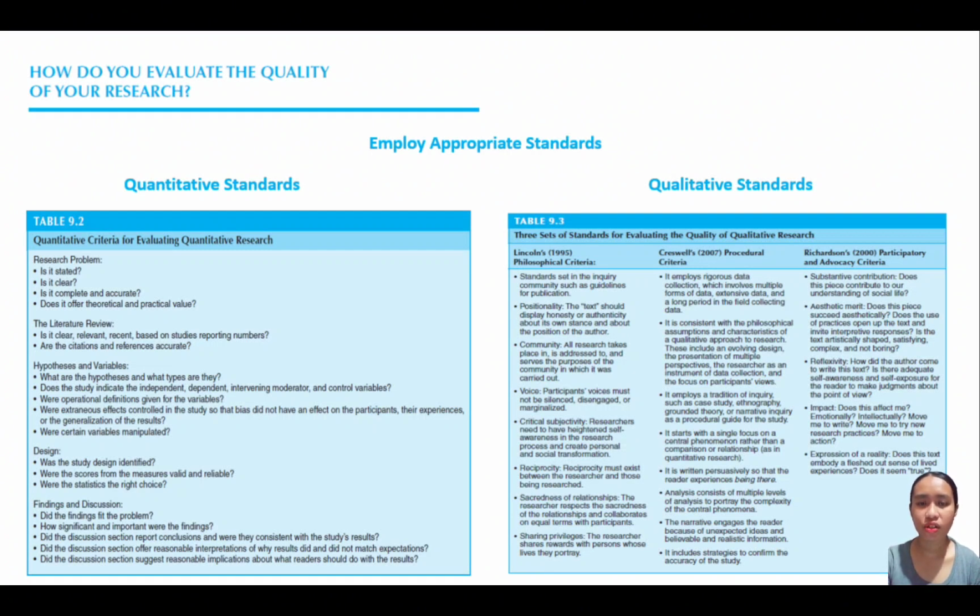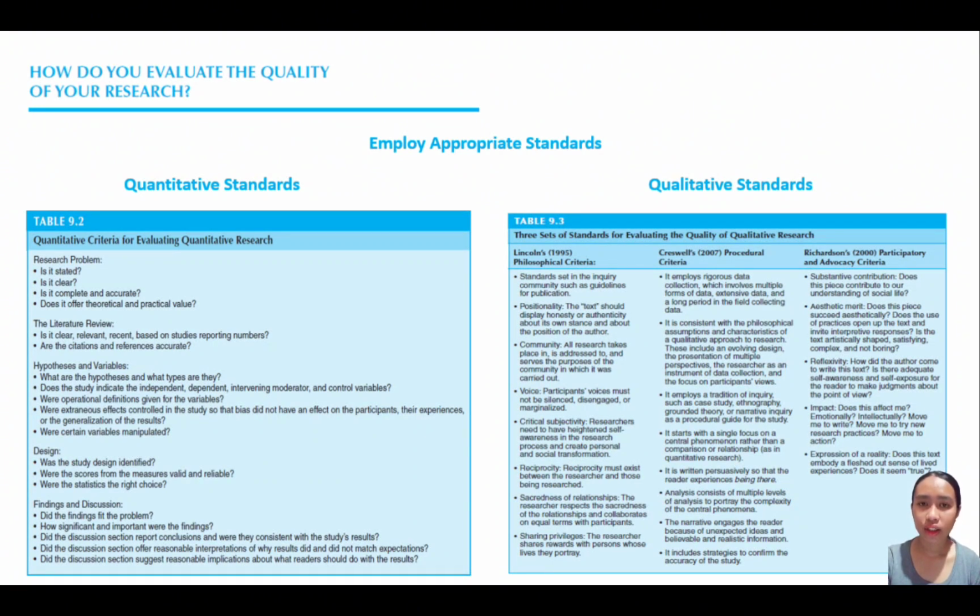They emphasize several key factors. First, they look at whether the research adds meaningful insights to our understanding of social life. This means the study should provide valuable new knowledge about society.